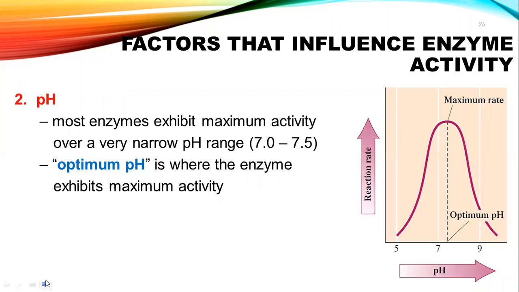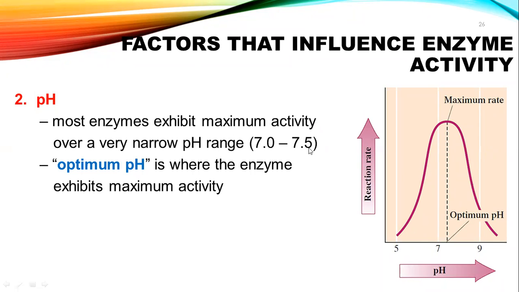So that was temperature. The second one is the pH. And the same with temperature, there is also what we call an optimum pH at which your enzyme can have optimum enzyme activity. Most enzymes exhibit maximum activity over a narrow pH range, usually just around 7 to 7.5.